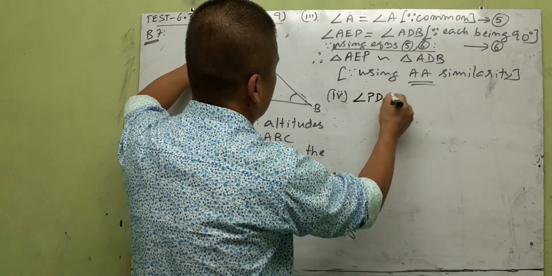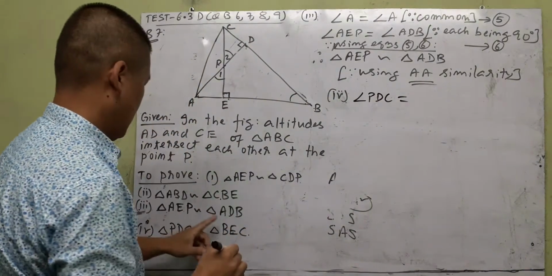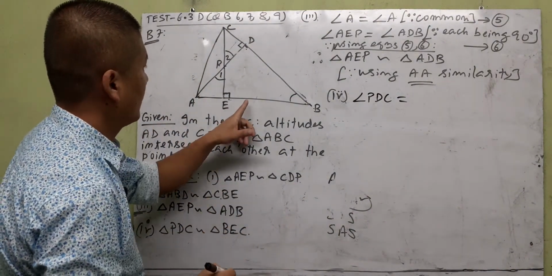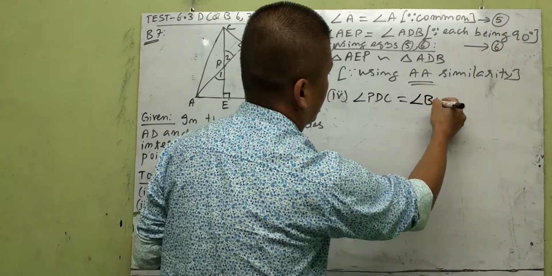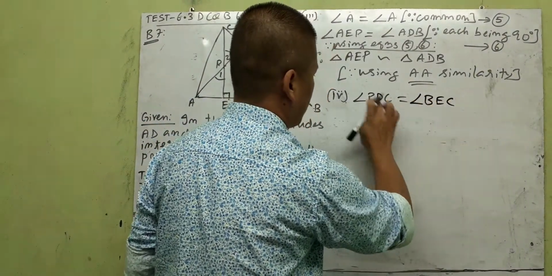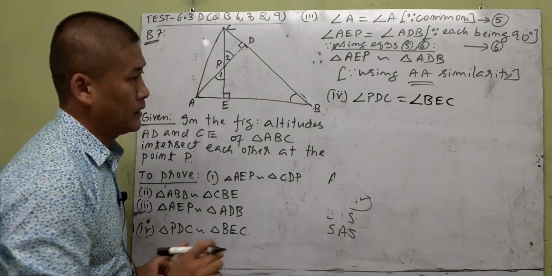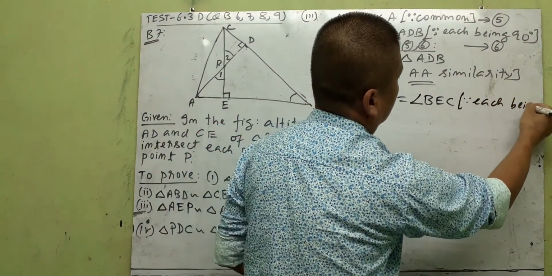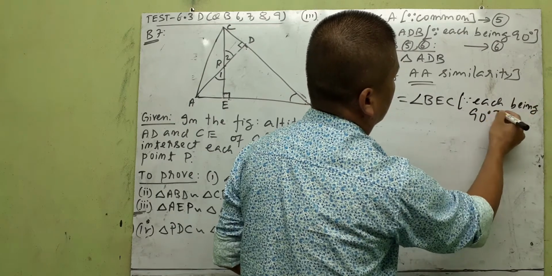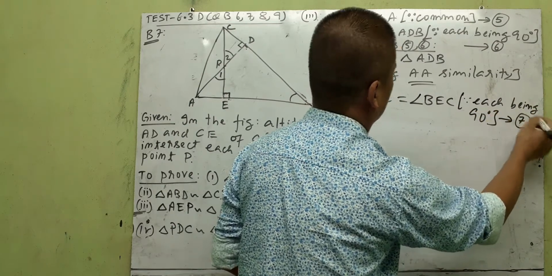Angle PDC, 90 degrees. And here BEC. The perpendicular point is the E point in triangle BEC and the D point in triangle PDC. You can write here, since each being 90 degrees. Equation number 7.